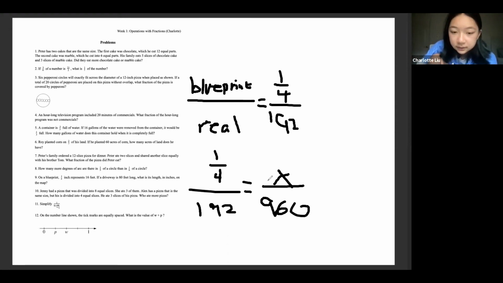So what we can do is we can solve the ratio by doing cross multiplication. We'll get 192 x equals 1/4 of 960.